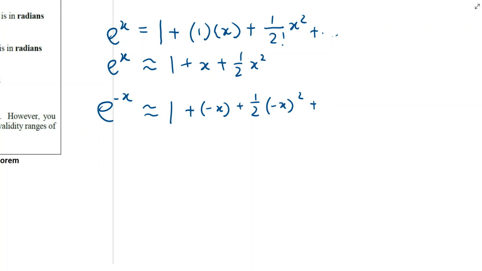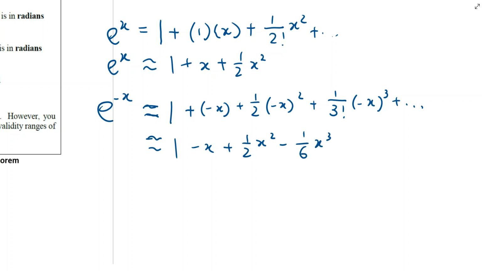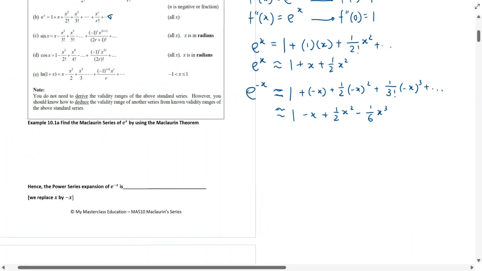If you need, the next one is 1 over 3 factorial negative x cube plus dot dot dot, and that would be approximately 1 minus x plus half x square minus 1 over 6 x cube, and that is how we get e power negative x.